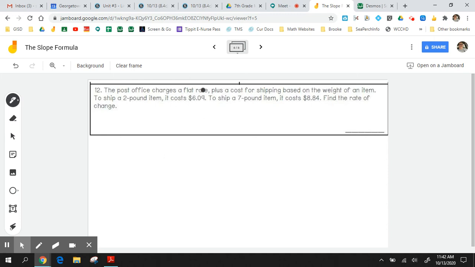The post office charges a flat rate plus a cost for shipping based on the weight of an item. To ship a 2-pound item, it costs $6.09. And to do a 7-pound item, it costs this. Find the rate of change. So I'm going to put money over pounds.